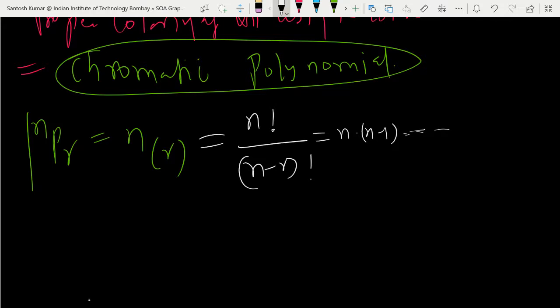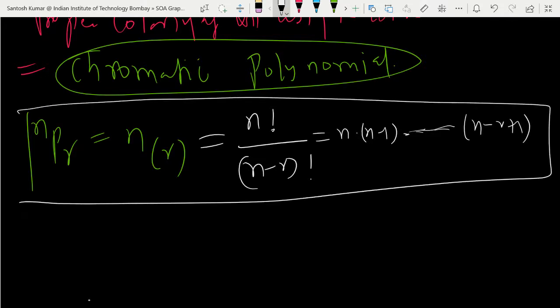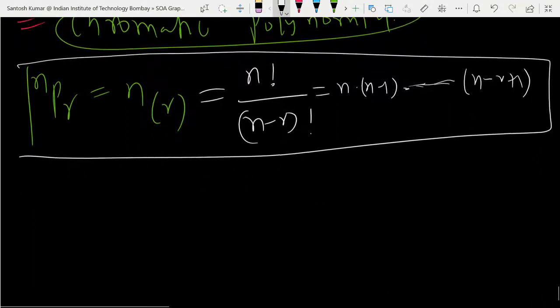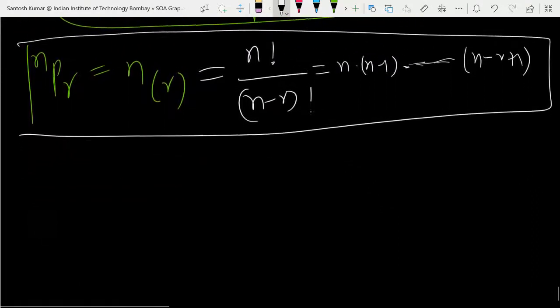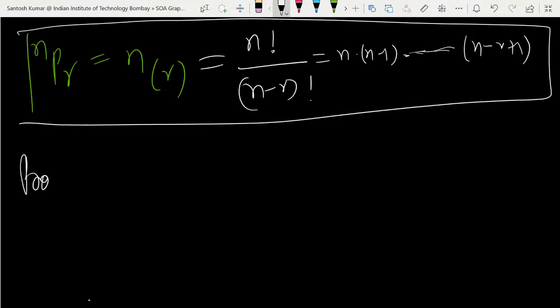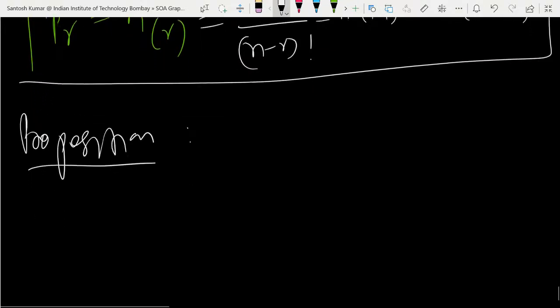So the number of permutations of n objects taken r at a time is r terms, the last being n minus r plus 1. So you are familiar with this notation. Let me write one proposition, and this proposition will give an explicit expression for the chromatic polynomial.